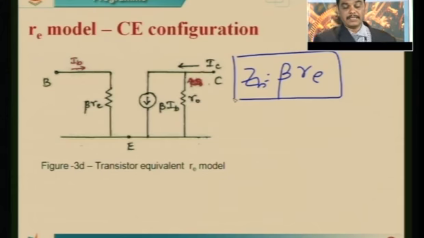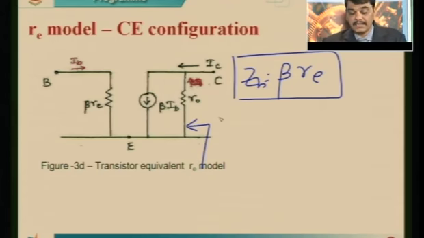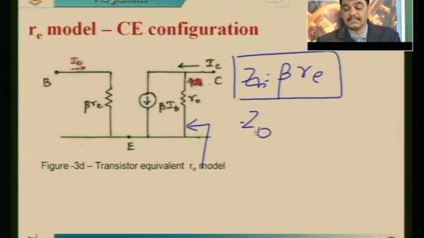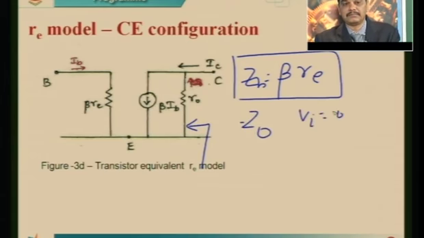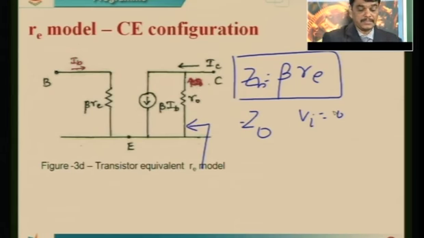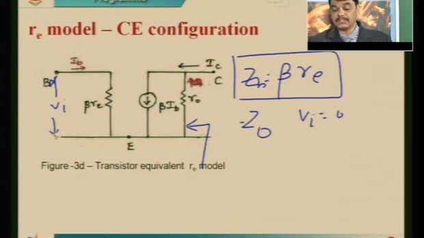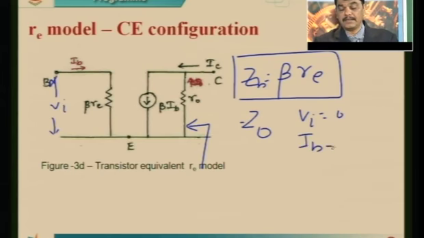Next, we have to determine the collector emitter junction resistance R0, looking back into the collector emitter junction. To determine Z0, we need to set Vi equal to 0. Vi equal to 0 means the input applied between this terminal is zero, so the current IB is also 0.